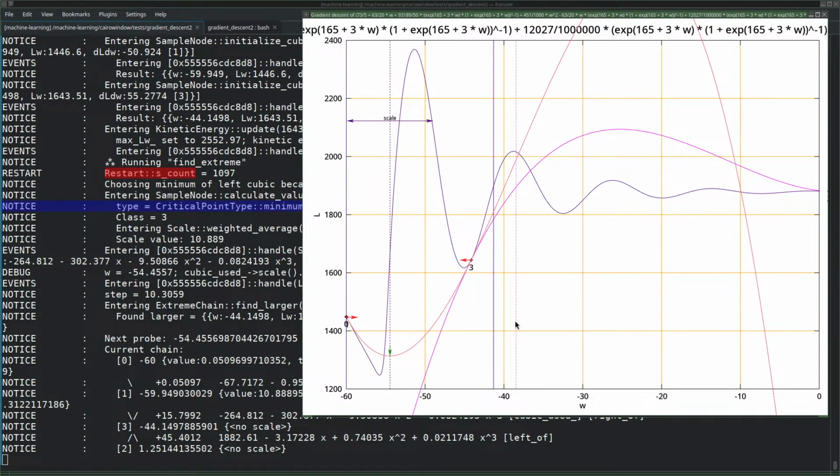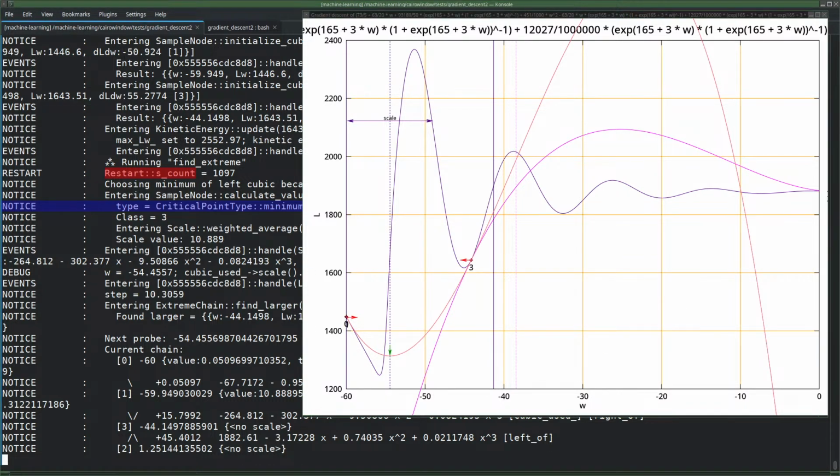I need to go further to the left. That's what I need to do for this test.